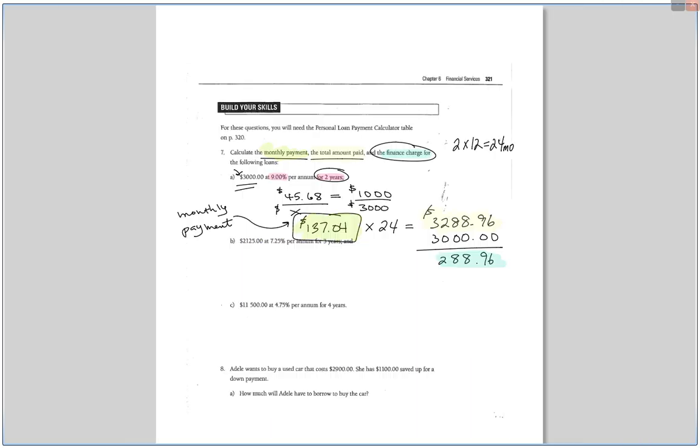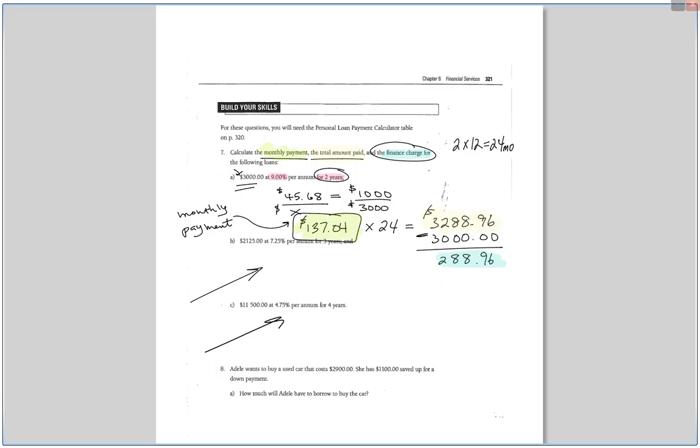So B and C are identical, so I'll just let you try those on your own. You set up the cross multiplication, figure out the monthly payment, multiply it by the number of months and years, find the difference, and then you'll have the finance charge.